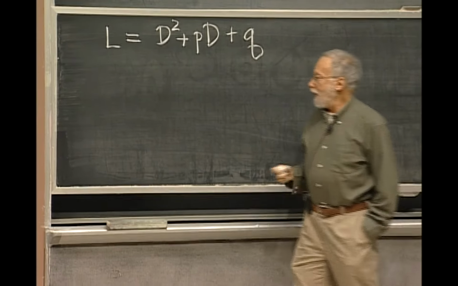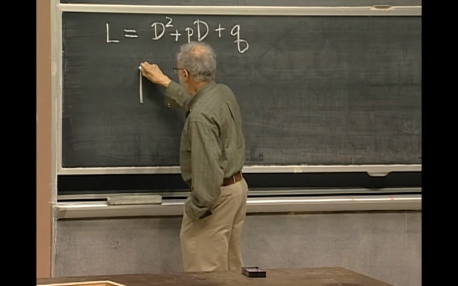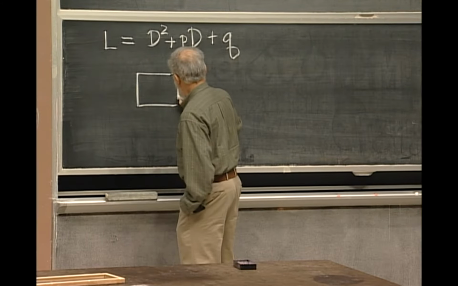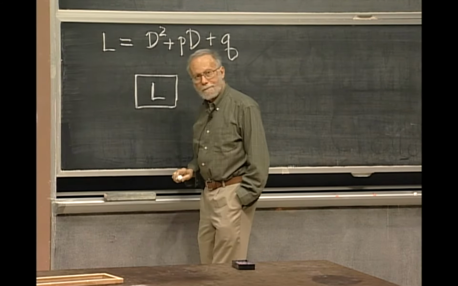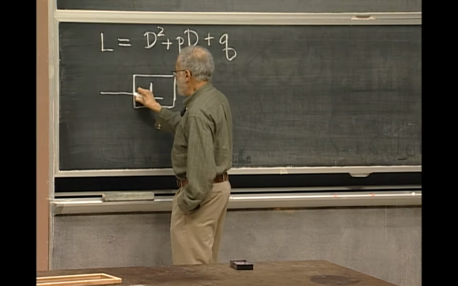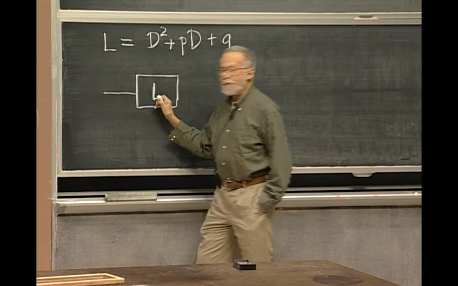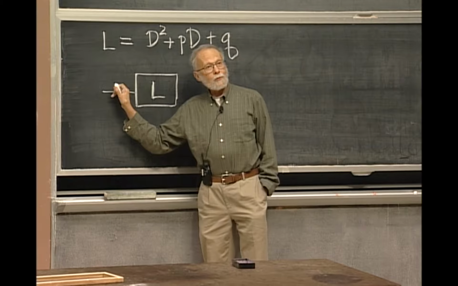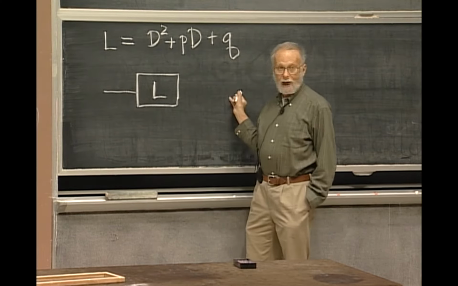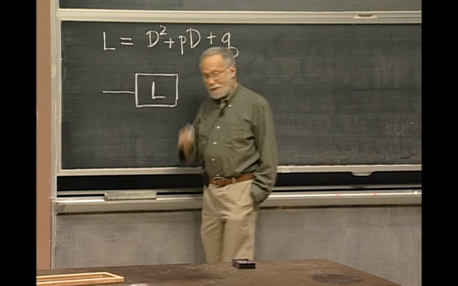But the way to think of L is as a black box. What goes into this black box? Well, if this were a function box, what would go in would be a number, and what would come out would be a number. But it's not that kind of a black box.